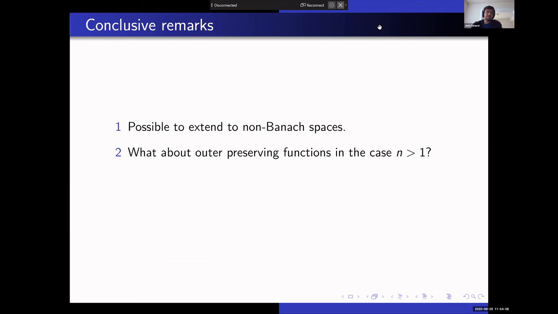And it's not true. Not all weighted composition operators preserve outer functions. So it would be interesting to know which weighted composition operators preserve outer functions. And the last thing is, what are the general conditions on Y for the converse of theorem 6 to hold true? Remember that I was using a lot of facts about Hardy space, duality of LP, and all that. So I'm not sure what conditions on Y are needed for the converse to hold true.